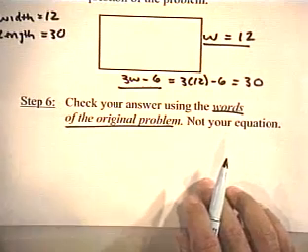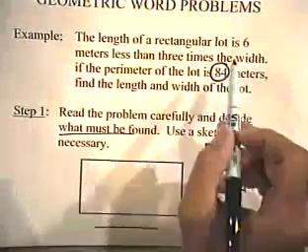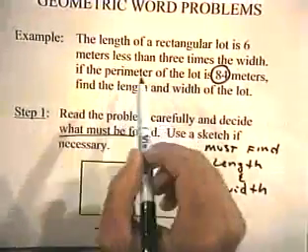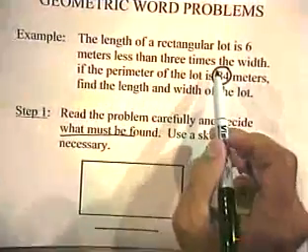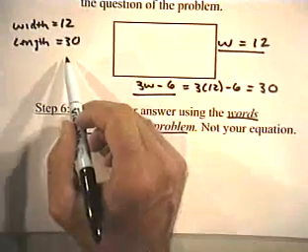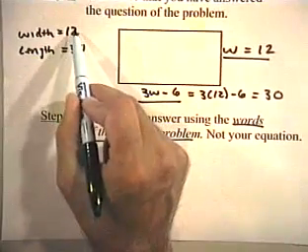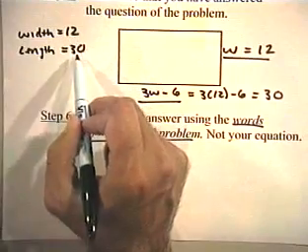So let's see that our length is 6 less than 3 times the width. So let's see if that's true. Let's see. 3 times the width is 36, minus 6 is 30.